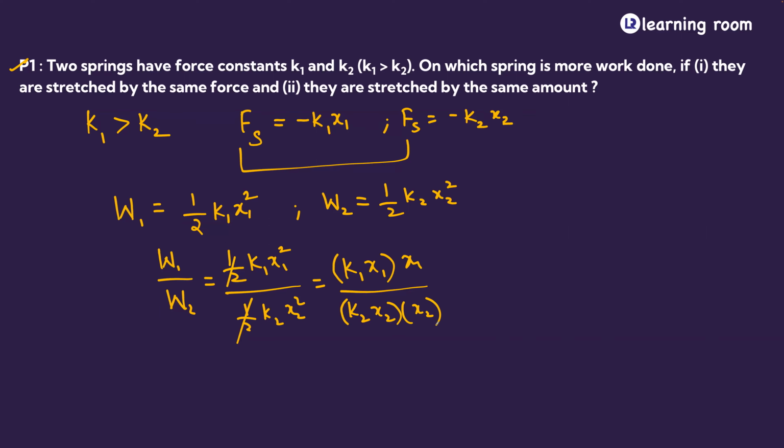So what is K1 into x1? It is Fs, and here also you have Fs. Here you have x1, here you have x2. So Fs and Fs will get cancelled. You will have x1 divided by x2.